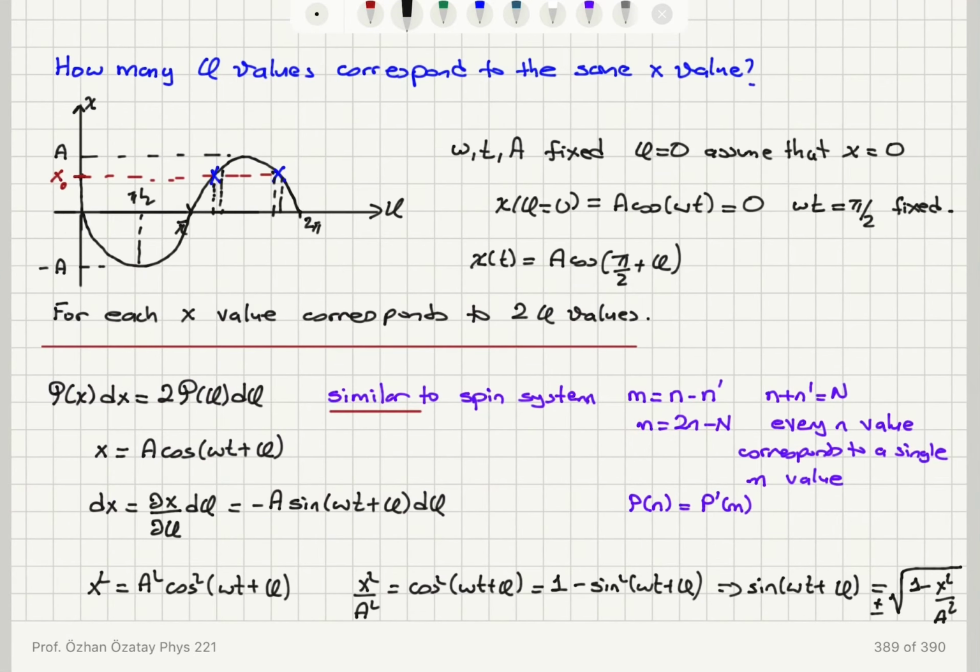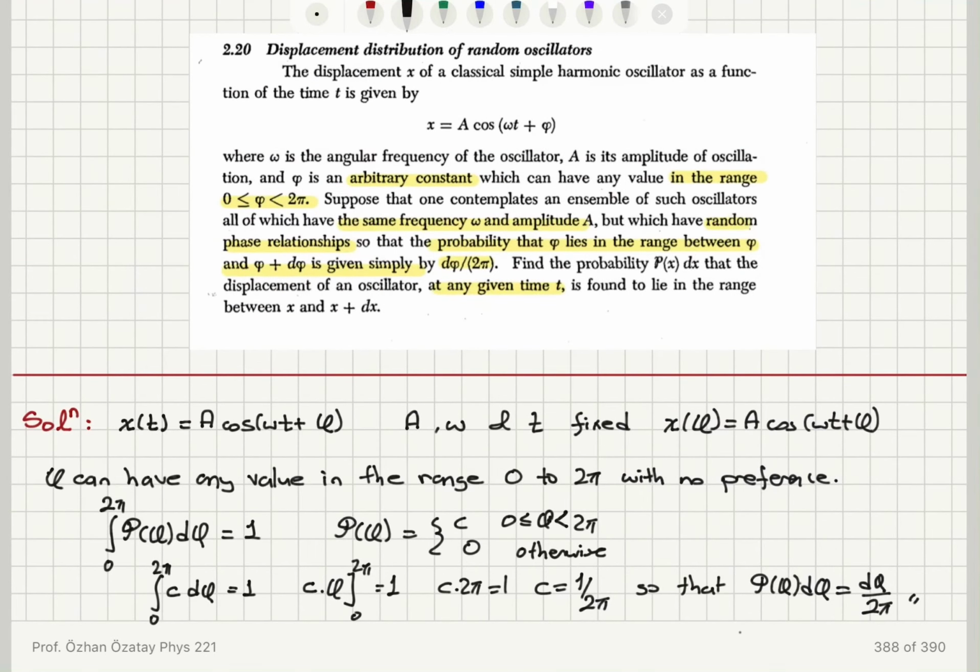Okay, so let's go over this one more time. We're considering simple harmonic oscillators where the displacement is given as a function of time and phase as a cosine omega t plus phi. Normally this omega is a constant. We watch the oscillations in time. Now we have fixed the time, and we have an ensemble of these oscillators that have a random phase relationship.